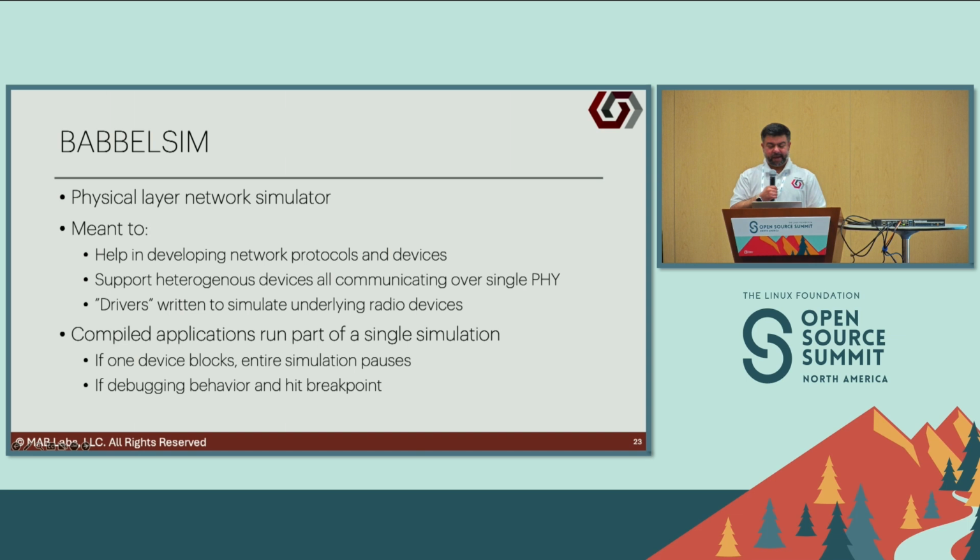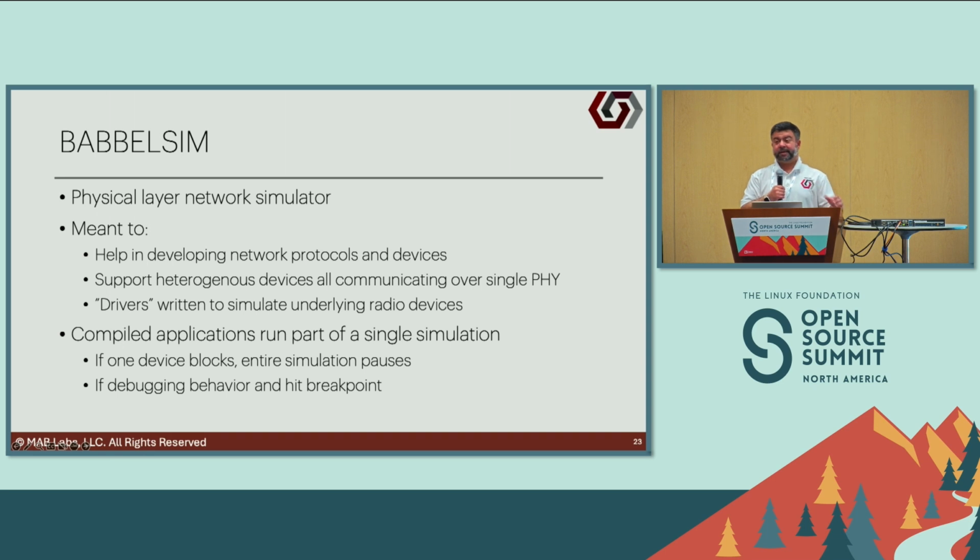So now let's move to BabbleSim. BabbleSim is a physical layer network simulator. And again, it's a really niche case for why you would want to use it. It's meant to help in developing network protocols and devices. You can test multiple nodes in your network, and they can be heterogeneous, and you can validate different topologies and weird scenarios over a single PHY.